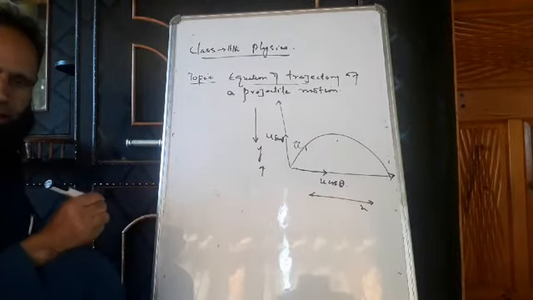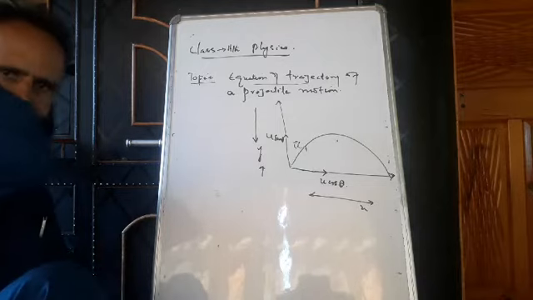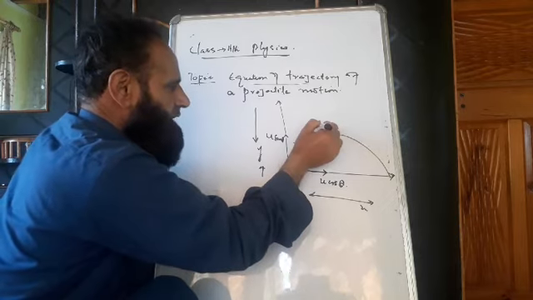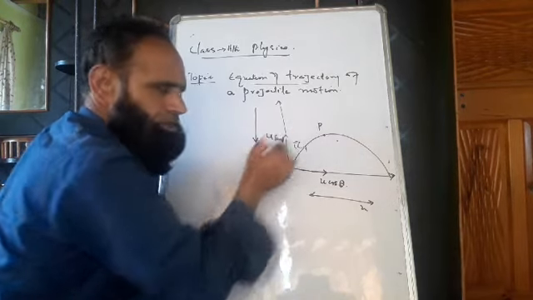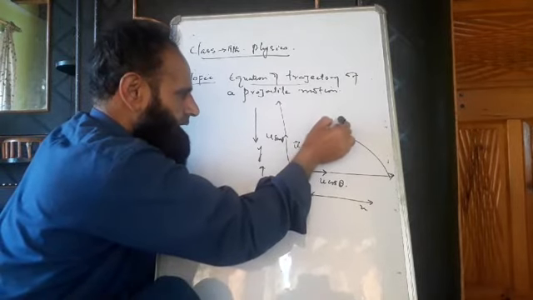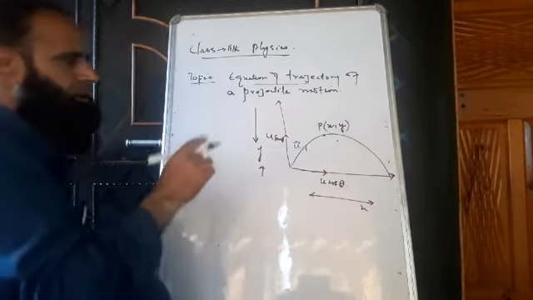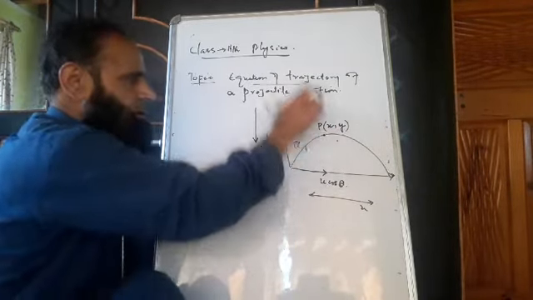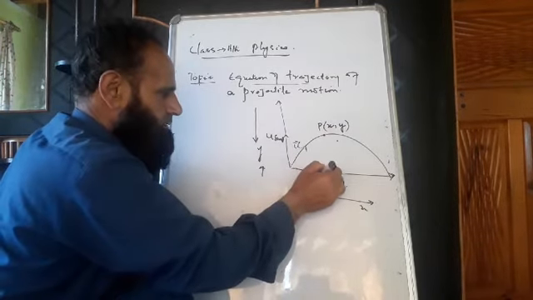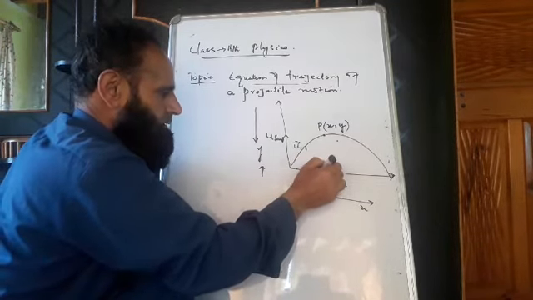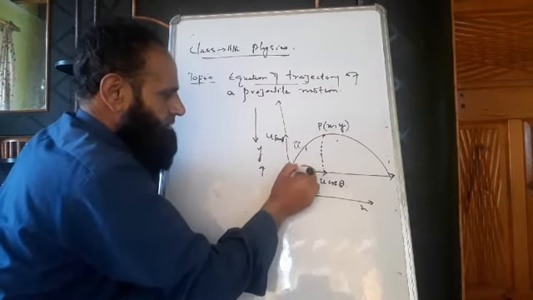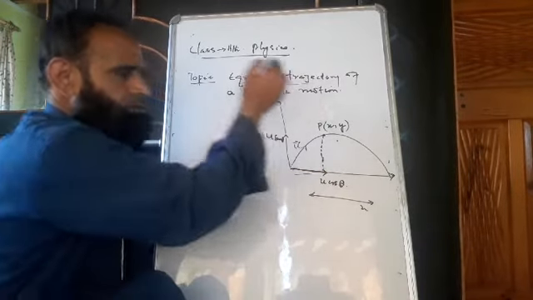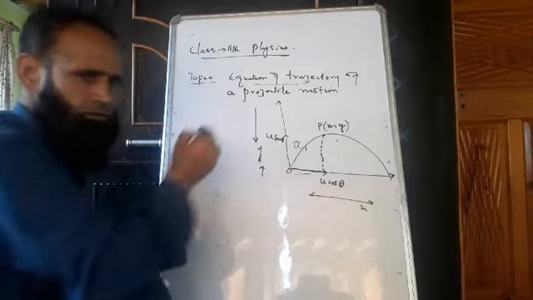Let at any time t, this projectile P be at x, y: horizontal component x and vertical component y. This much is its horizontal value and this much is its vertical value. We can say this is the origin.